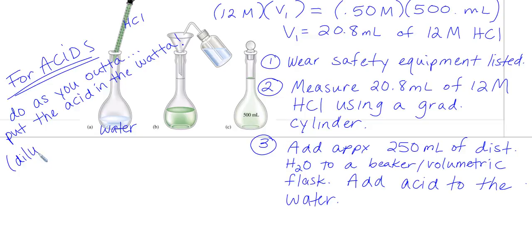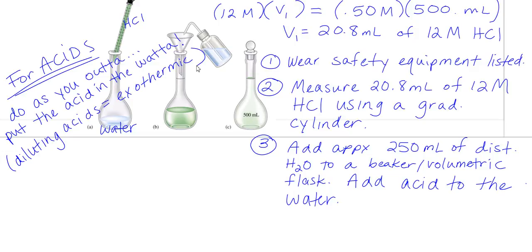Diluting acids is exothermic. And you'll notice it. I mean, even if you're making 500 milliliters, you'll notice like, woo, it's getting hot. Now, if I were making large quantities of acid, then I could run into a problem if I add the acid first and I start adding the water, where the water boils, like it sizzles a little bit.